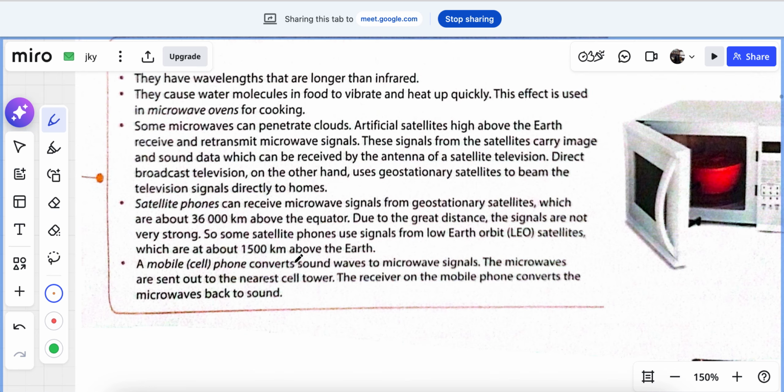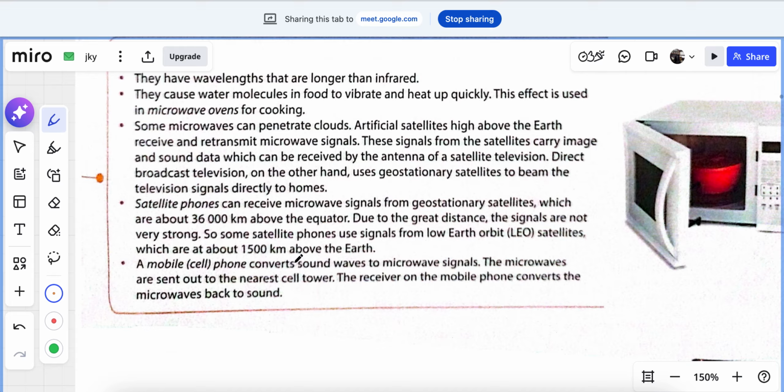I think we should discuss them according to the way they come in the electromagnetic spectrum, so let's start the discussion from the radio wave.